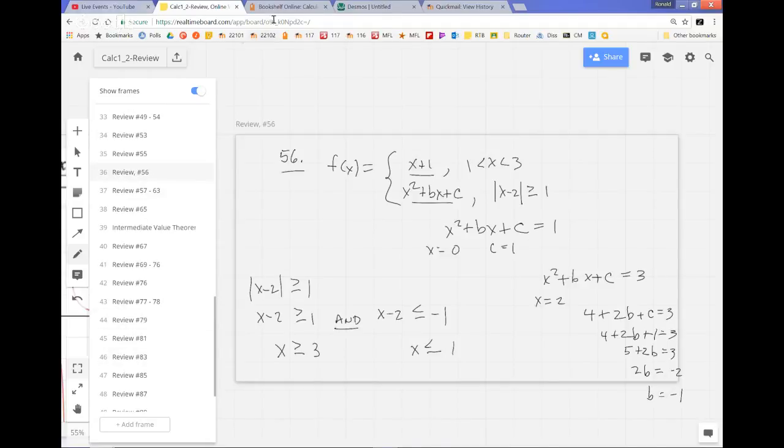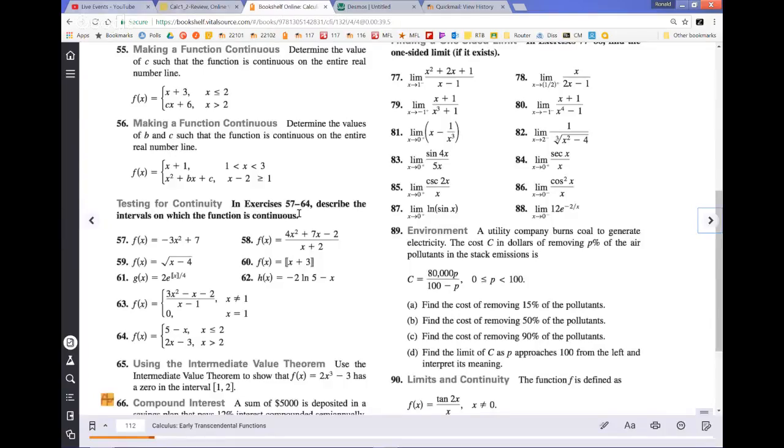Okay, let's take a look at number 61, the second one I got. Okay, we looked at this yesterday too. 61, g of x equals 2e to the greatest integer of x divided by 4. So, all right, what does the greatest integer say?